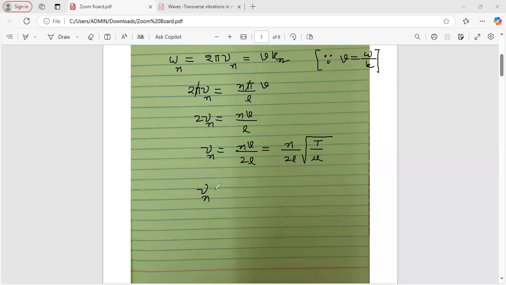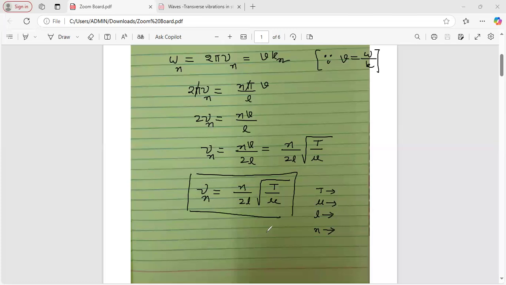So finally, nu n is equal to n by 2l square root of capital T by mu. This is the frequency of the stretched string when it is vibrating in the nth mode of vibration. Here T is the tension of the string, mu is the linear mass density, L is the length of the string, and n represents the mode of vibration or number of loops.